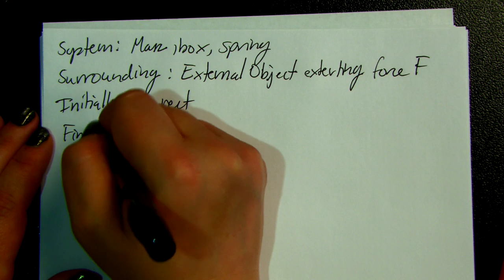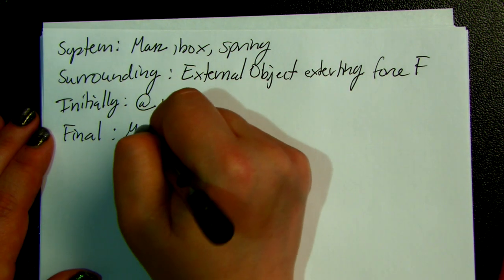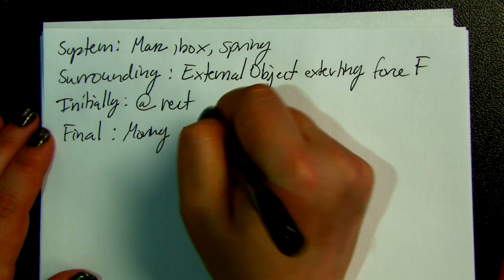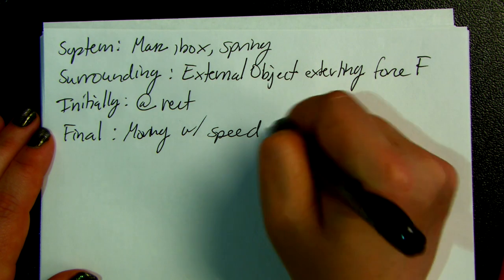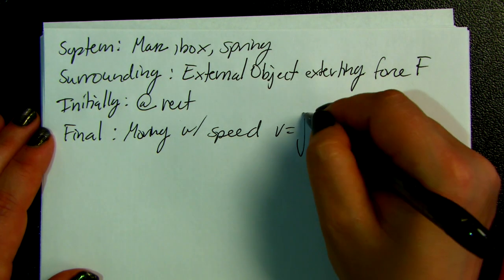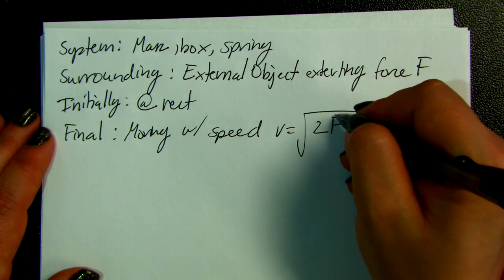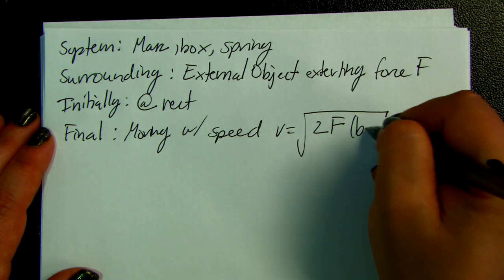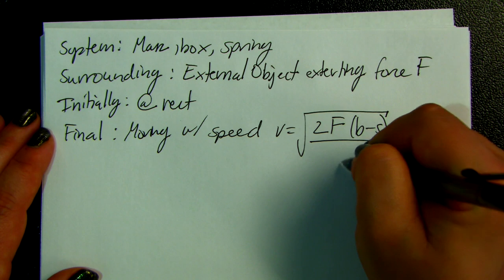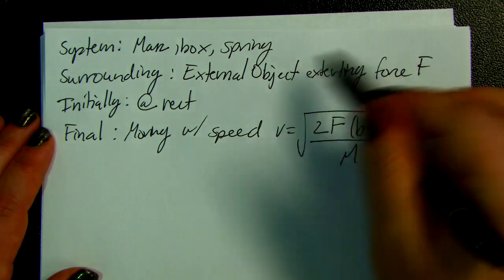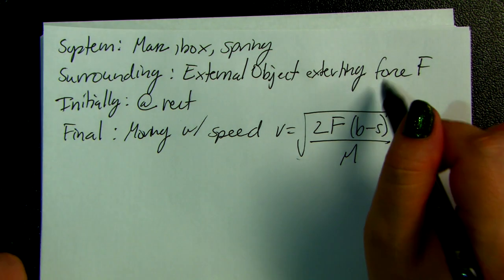And the final state, moving with speed v equal to the square root of 2F(b minus s) over m. And we found this, of course, from our previous point particle model.